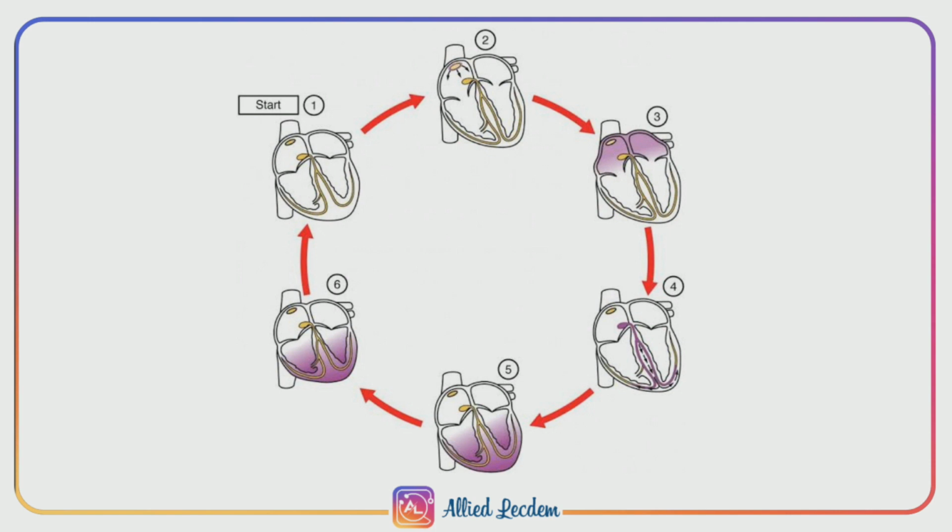In 4, the action potential travels rapidly through the conduction system to the apex of the heart via the bundle branches and the Purkinje fibers of the ventricles. In 5, the action potential spreads upward through the ventricular muscles. And in 6, eventually the entire heart has returned to the resting state, remaining there until another action potential is generated in the SA node.